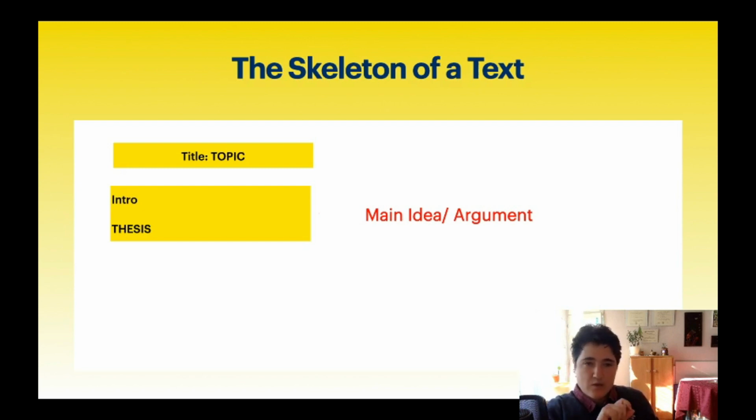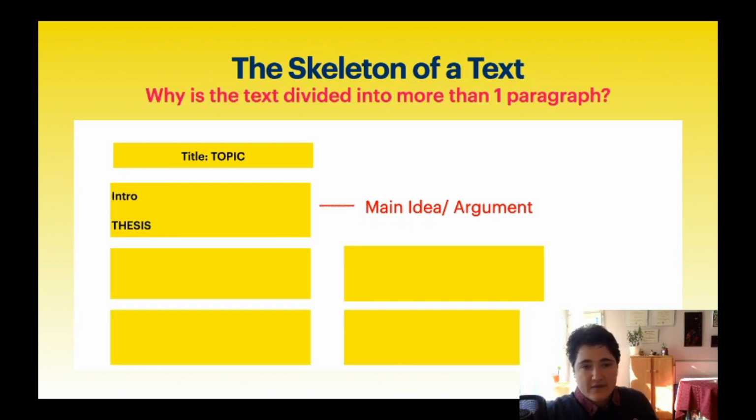And you definitely want to underline the thesis of the text. After the first paragraph that has introductory sentences and a thesis, you have a bunch of other paragraphs. Now, why do you have a bunch of other paragraphs? Because this main idea argument needs to be developed.